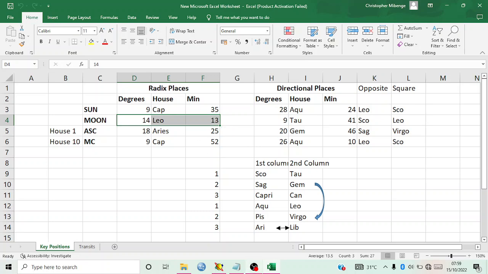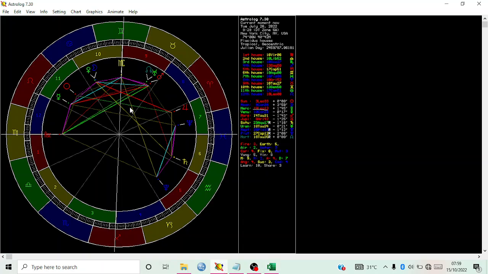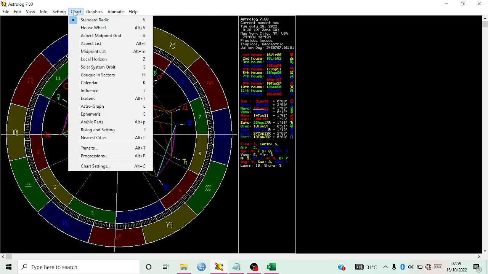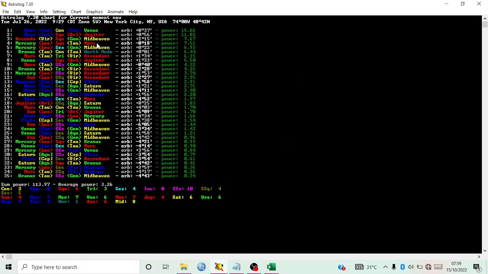So once it transits that place, we go to Chart, and then we click on Chart Aspect List. Once you click on the aspect list, we look for the aspects of Mercury. First, on the 4th here, we've got Mercury square Mars.